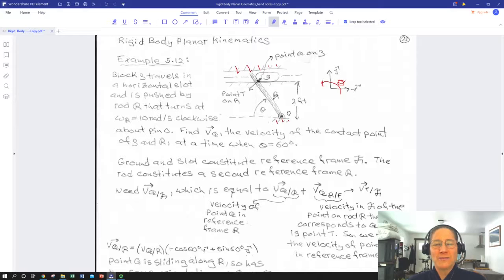Rod R is definitely moving. It's rotating. Block B is translating here. The supports that we've crosshatched, they're sitting still, so to speak. So it makes a lot of sense to consider those to be our reference frame F, the fixed reference frame.